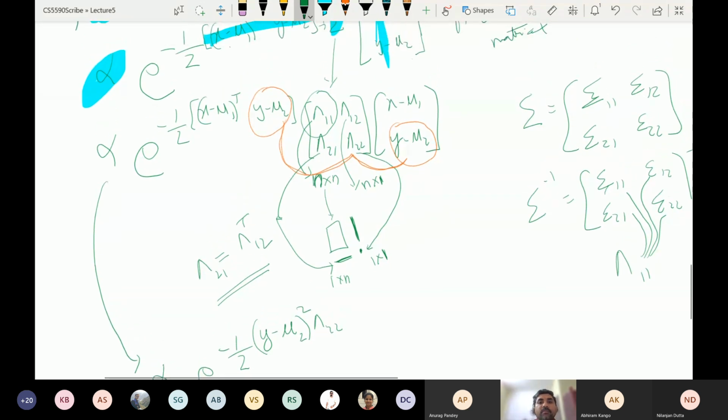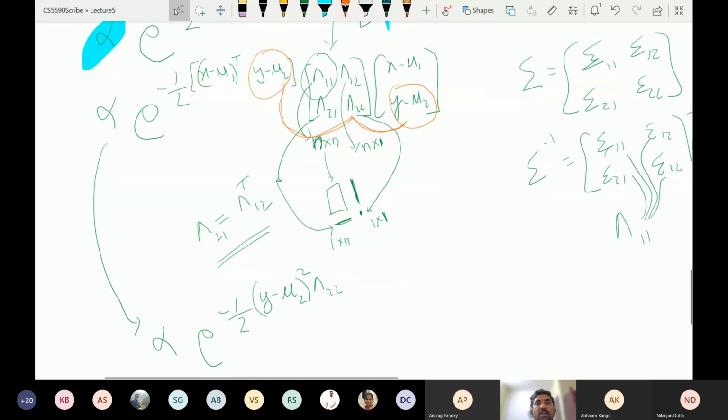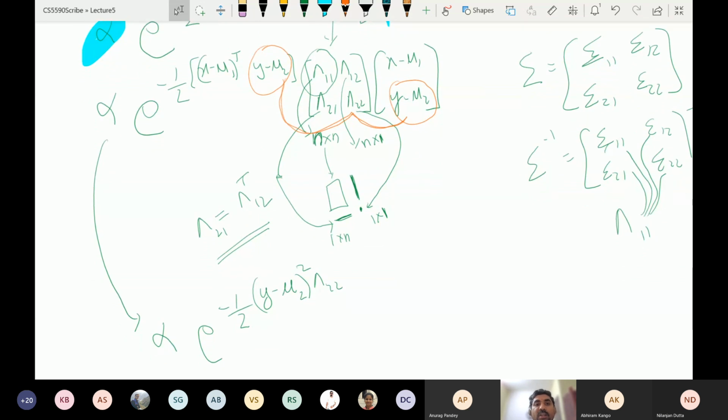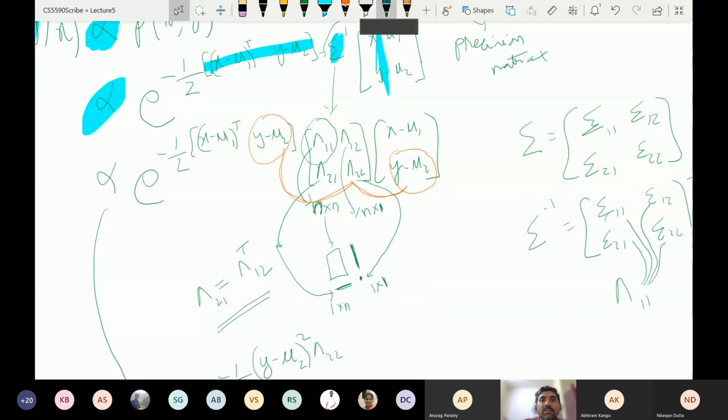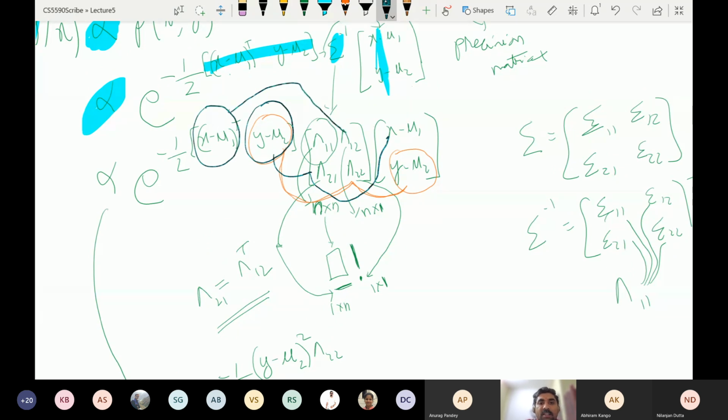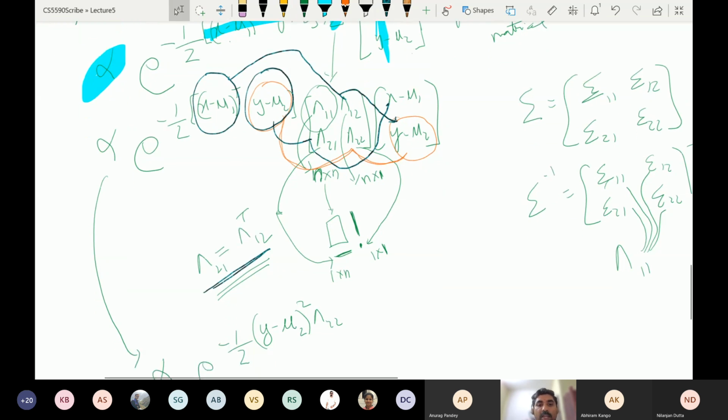Now this is the square term involving y. Now there is another term which involves y, which is what? The term that involves x and y both, right? What is that term? Maybe this multiplies this and then you multiply this. And then there is the other term, this multiplies this and then that multiplies this, but both these terms are the same because of symmetry, right? So I'll get 2 times.